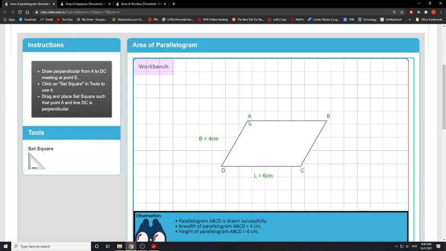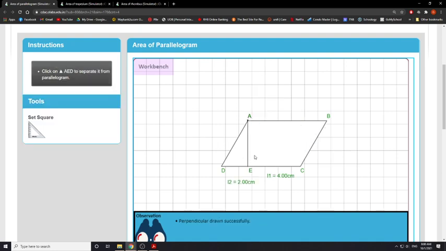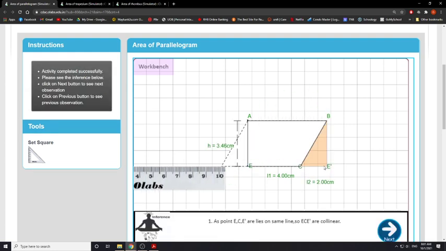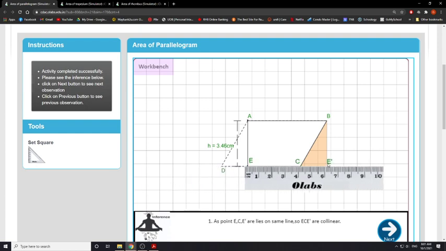In most cases that you have faced before, usually they'll give you the height AE. So if you have the height AE, what you can do is this triangle ADE, if I bring it over to this side, it will have the same length.